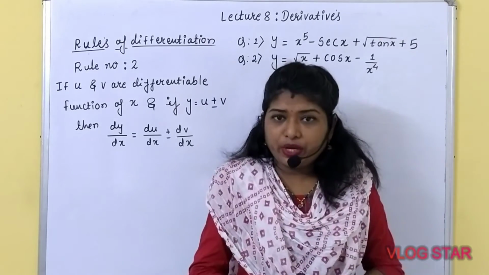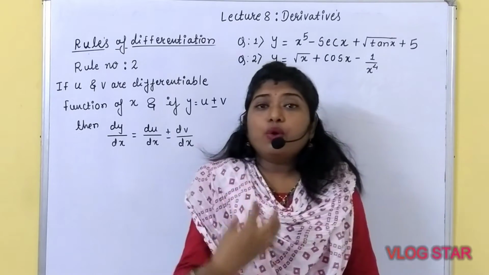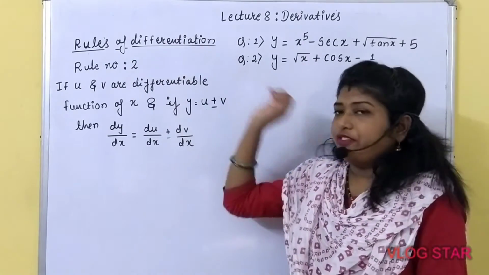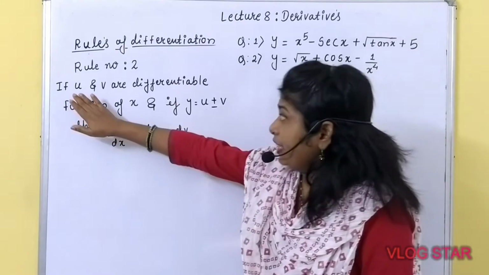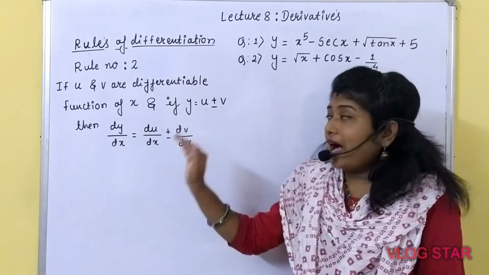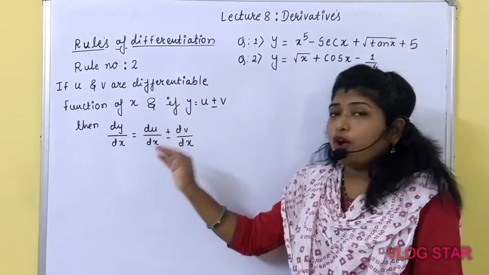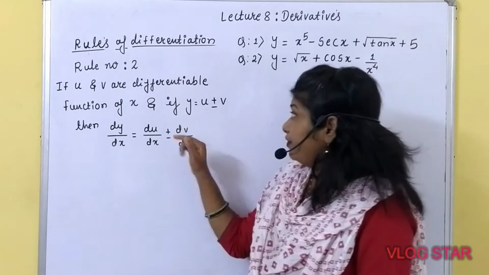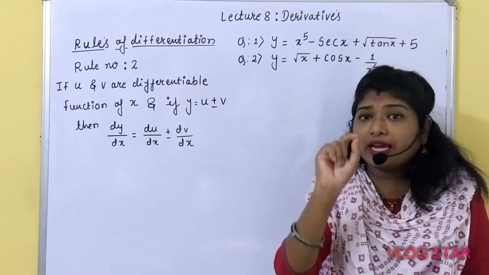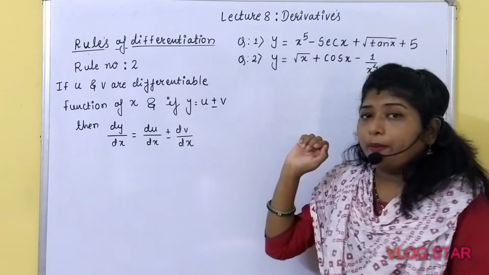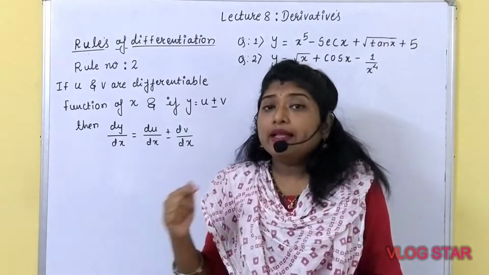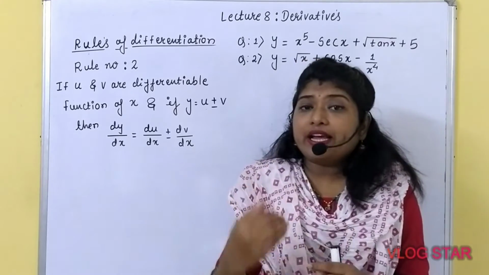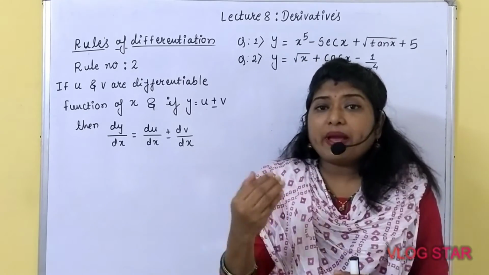So in today's video, we are going to learn rule number 2 related to differentiation. What is basically rule number 2? If u and v are differentiable functions of x and y is equal to u plus or minus v, then how are you going to take the derivative of y with respect to x?